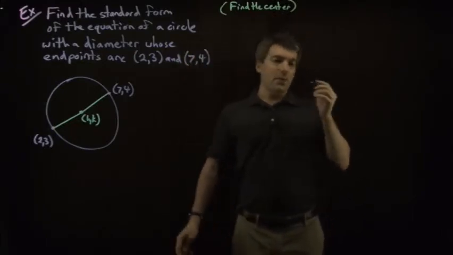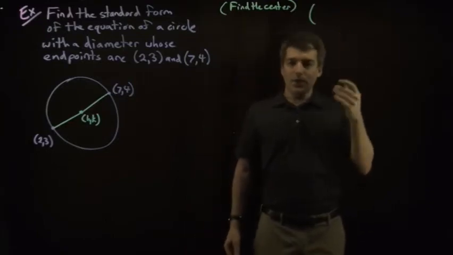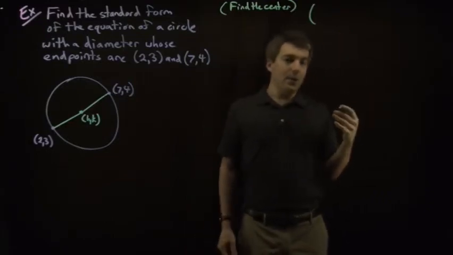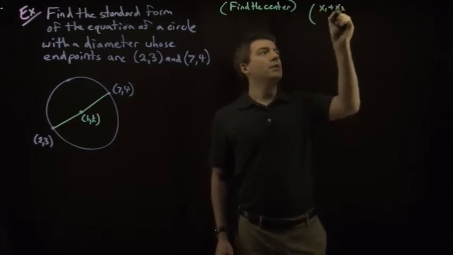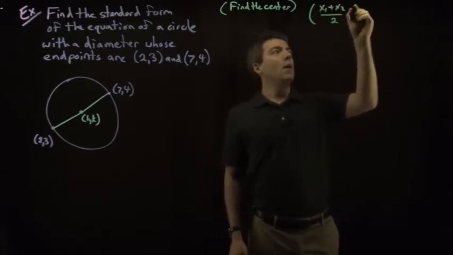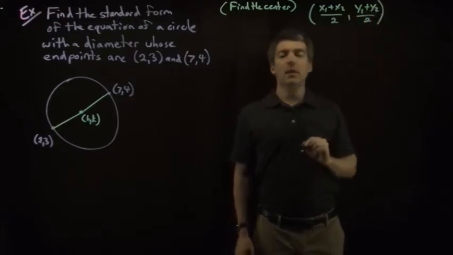That's the midpoint. Recall the midpoint formula is just the average of the x components and the average of the y components. So we have (x1 + x2)/2, (y1 + y2)/2.